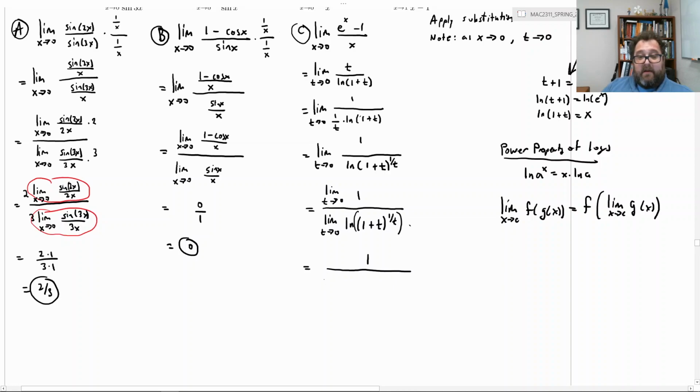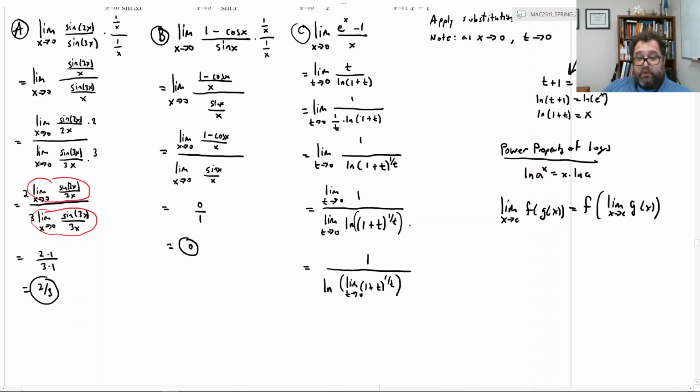And then on the denominator, we can take the limit of the inside function first. Limit as t goes to 0 of 1 plus t to the 1 over t power. So I took the limit of the inside function first.